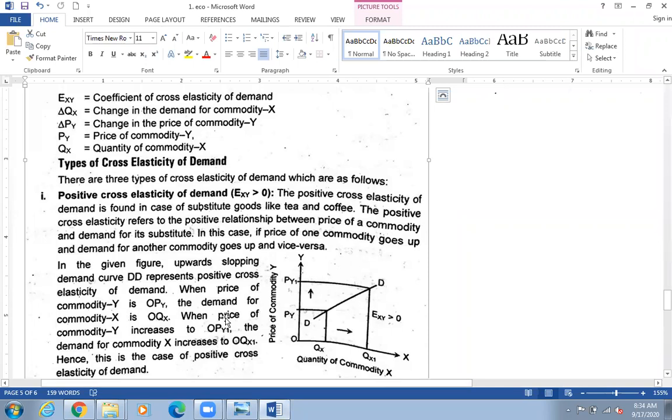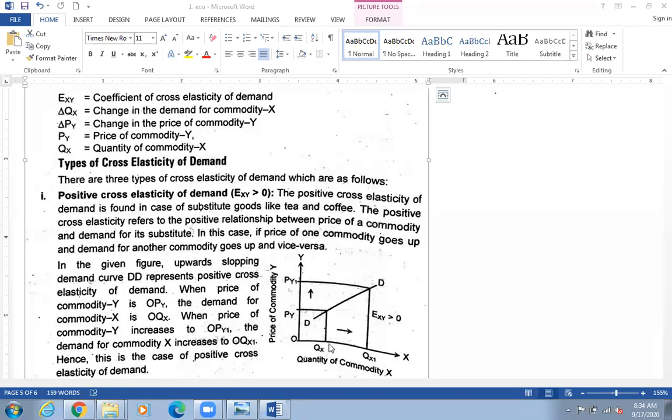And this one, please explain yourself. When the price of product Y is at PY, then the demand was at QX. But when the price of product Y has increased from PY to PY1, so what has increased?